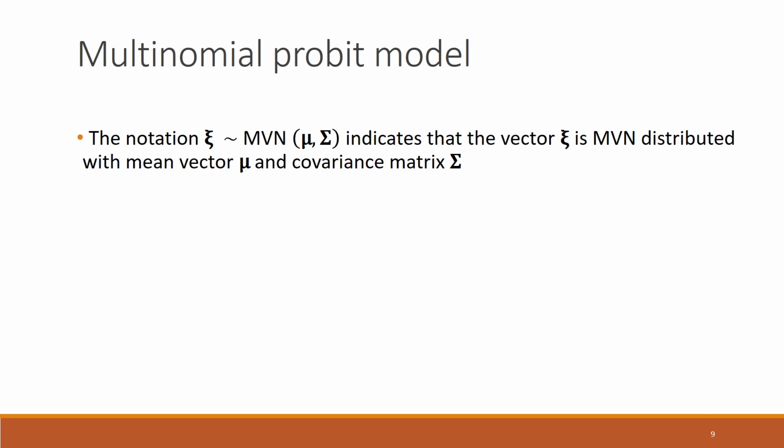So, this notation that the error term is given by a multivariate normal distribution function is denoted by this here. So, we have this vector which is denoting the mean vector, and this is the covariance matrix.